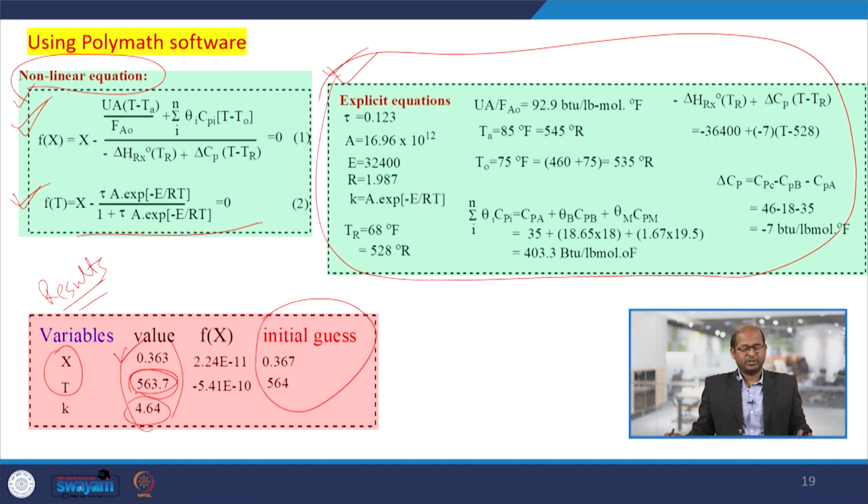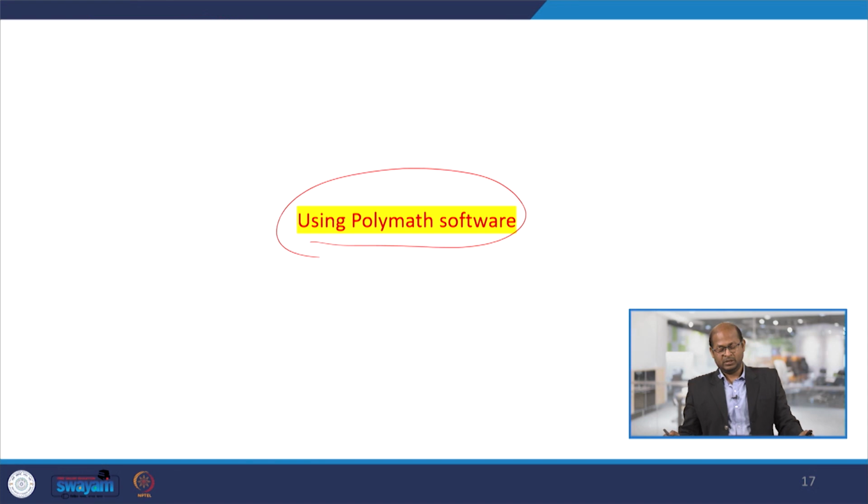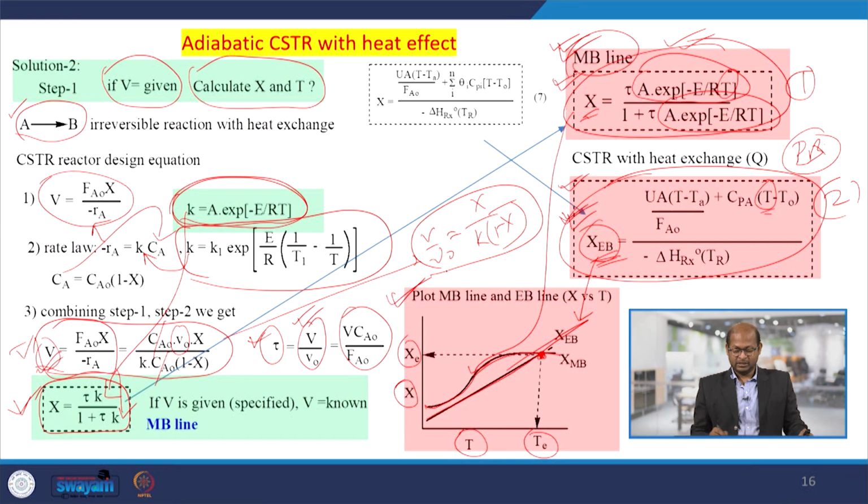Using Polymath software we can directly find this, or we can get this curve, or else take individual points.